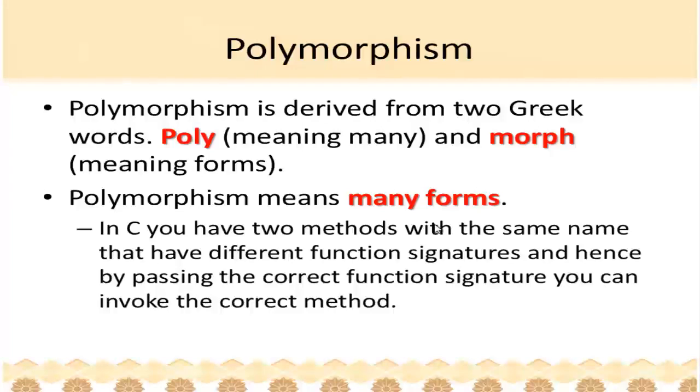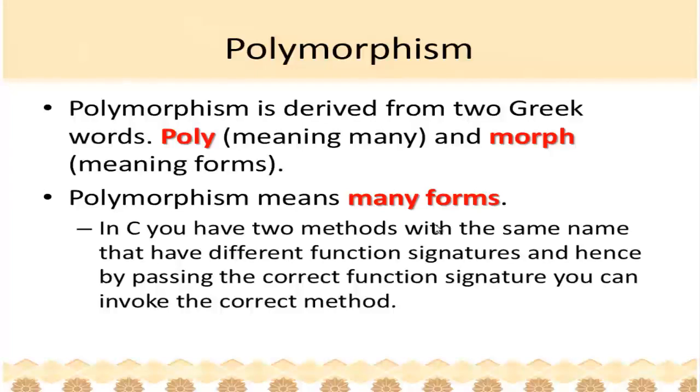When you use the C programming language and when you use overloading, that is, a method with a different number of arguments, you are always using static polymorphism. The reason is you might have created a method called add that takes 2 parameters, an add that takes 3 parameters, and an add that takes 4 parameters.